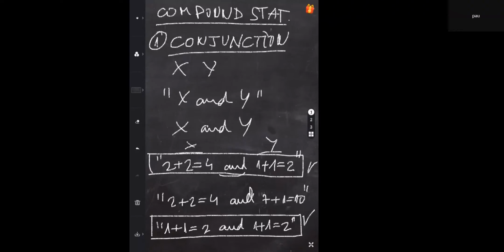I don't know whether this is also true for Chinese, and it's up to you to tell me. Because, for instance, X and Y can be expressed in many ways. You can say X and also Y, o también, both X and Y are true. But then we run into these kind of problems.